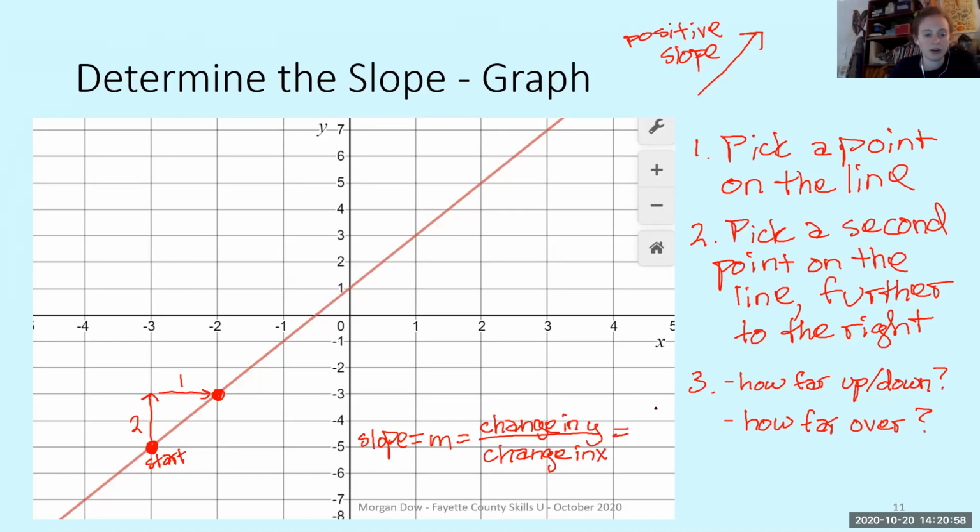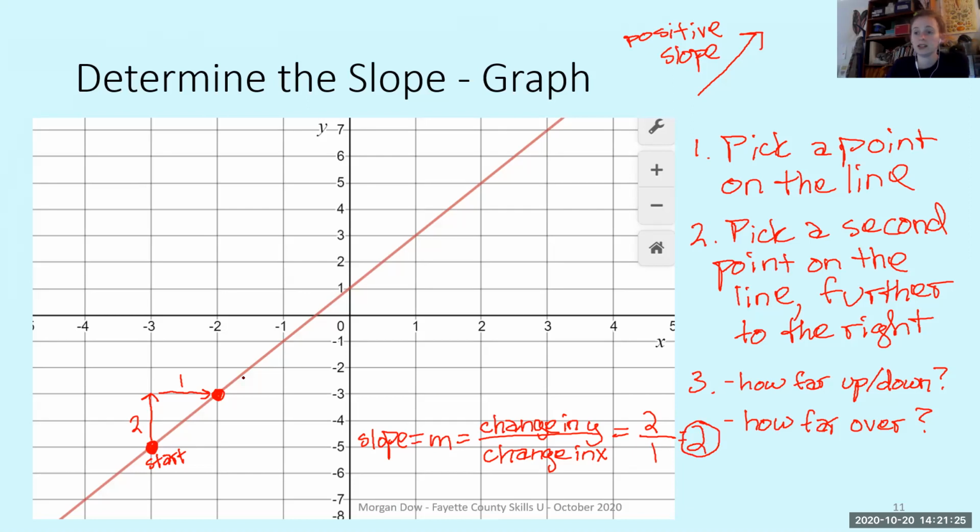And so I just discovered that to go from one point to the next here, I had to go up 2, my vertical change was +2, and I had to go over 1, my horizontal change was 1. So I get the slope of 2 to 1, which we could then simplify to just 2. So we find that this line has a slope of 2.